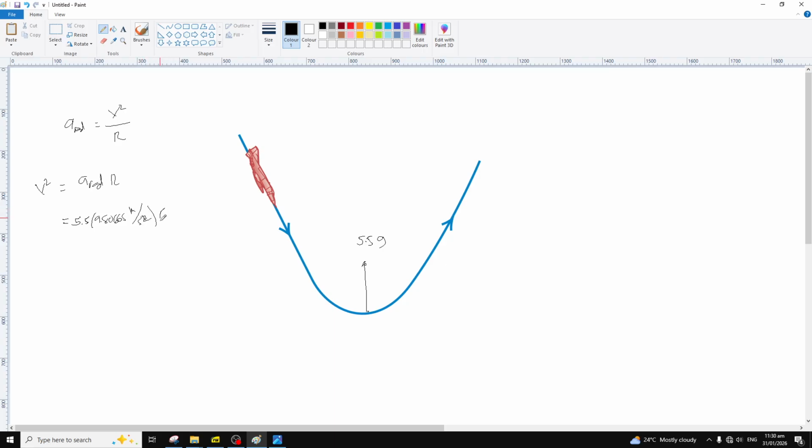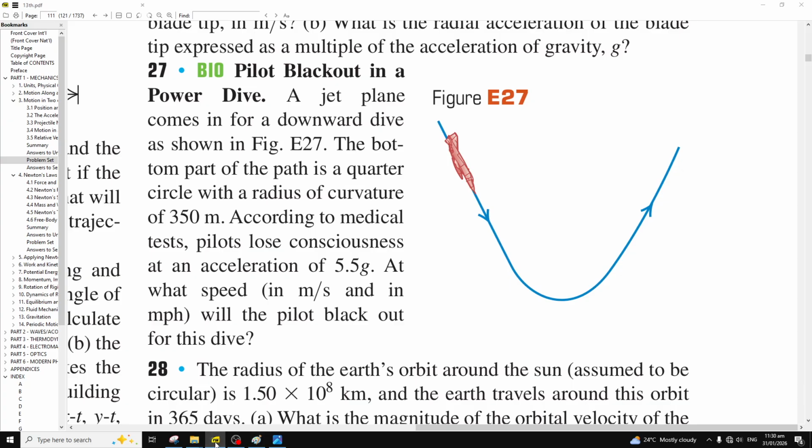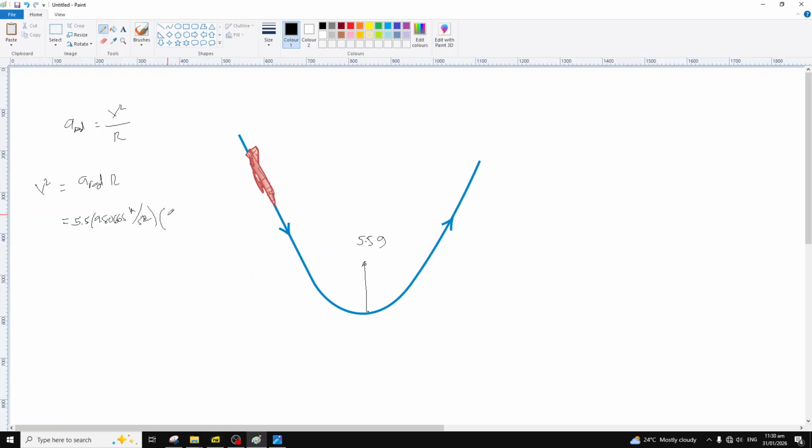And then your R is binigay sa problem, curvature, which is 350 meters. The radius of curvature, ito dito rin kung saan yung simula itong parang radius nito. Okay? So radius is 350 meters.